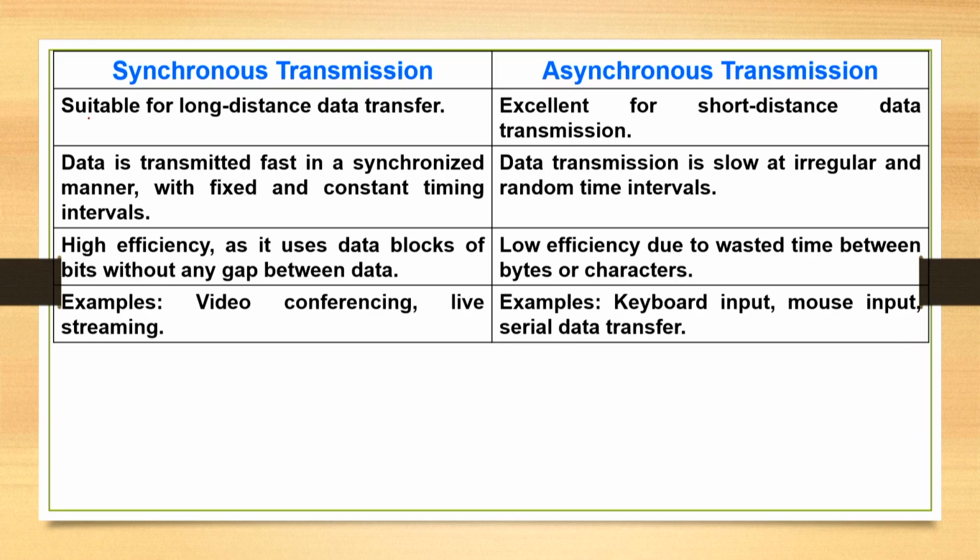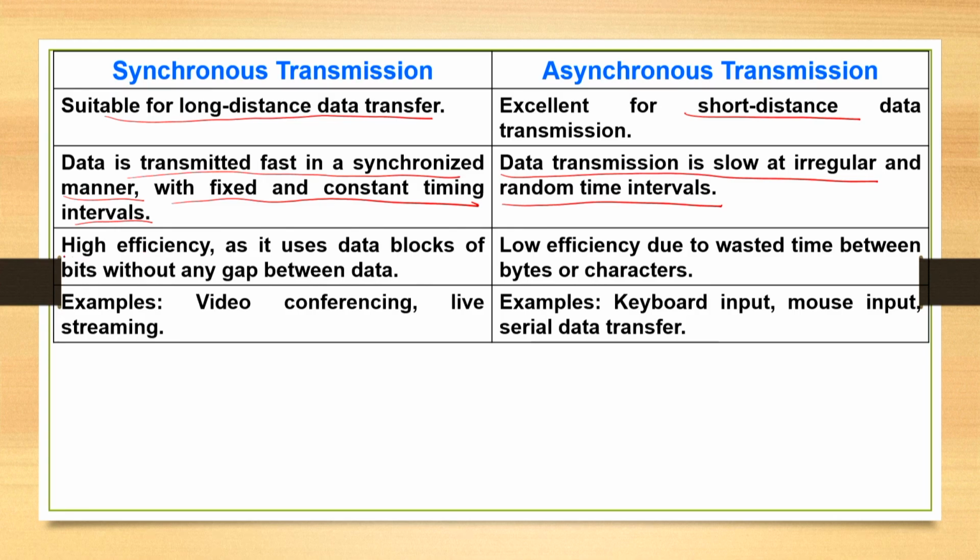Synchronous transmission is suitable for long distance data transfer, whereas asynchronous transmission is excellent for short distance. In synchronous transmission, data is transmitted fast in a synchronized manner with fixed and constant timing intervals, whereas in asynchronous, data transmission is slow at irregular and random time intervals.